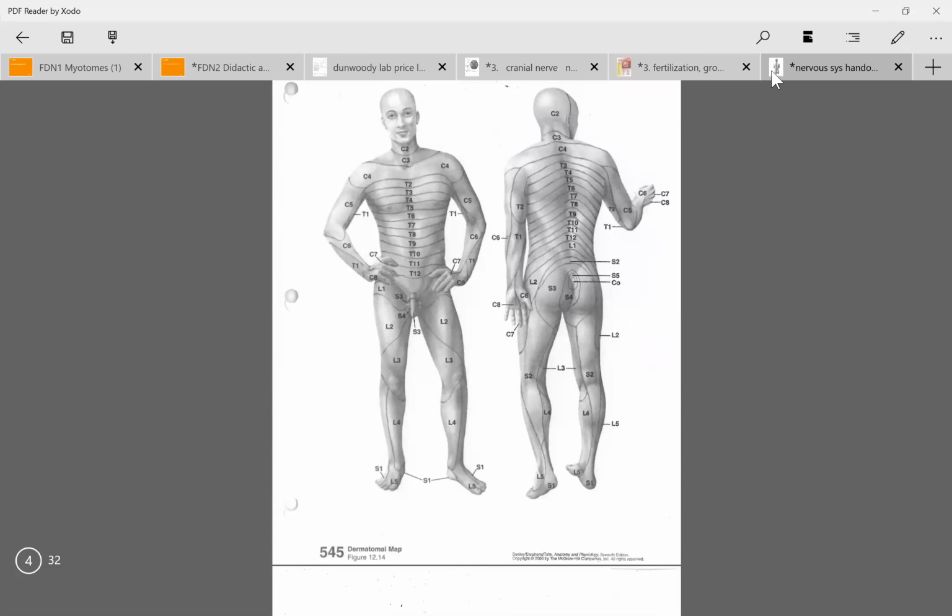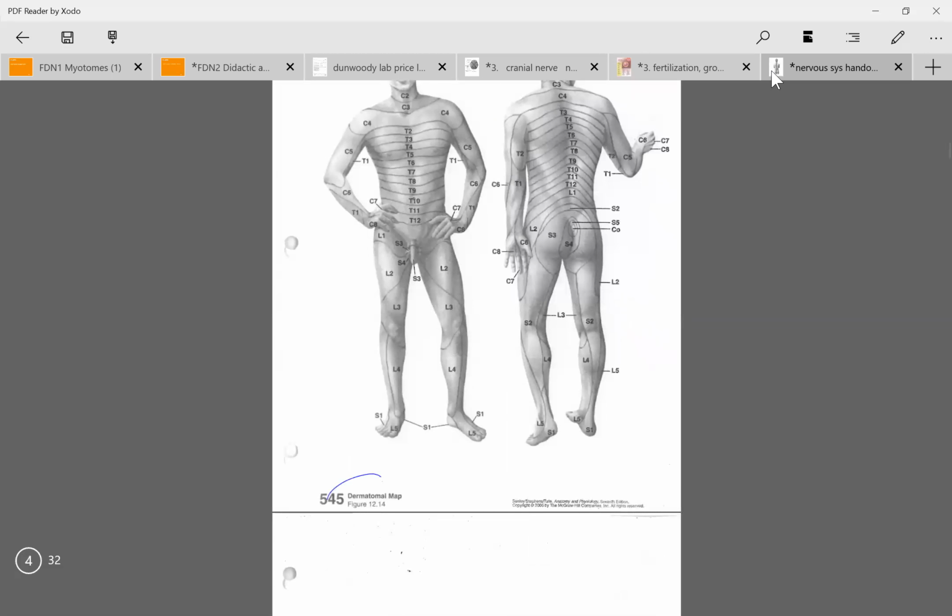All right, this one is our dermatome map. I have a video on this later for you all to see. The dermatome map is actually a very important neurological map.